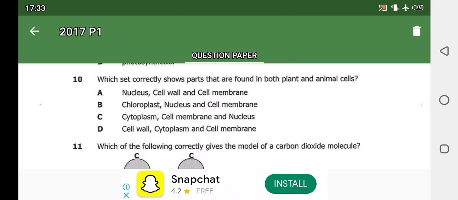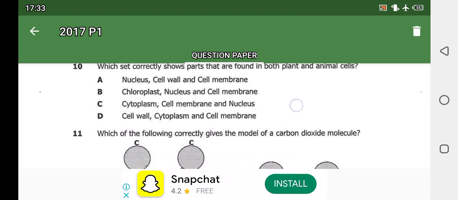We have cell, cytoplasm, cell membrane. No, because of cell wall. We have nucleus, cell wall, and cell membrane. No, because of cell wall. Chloroplast, no. Cytoplasm, cell membrane, and nucleus. So the correct answer is C.